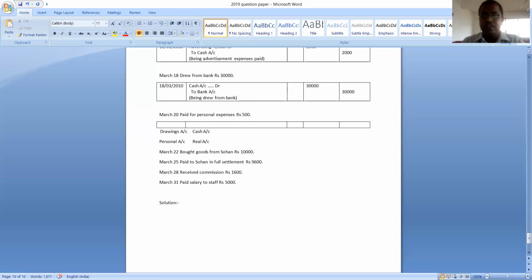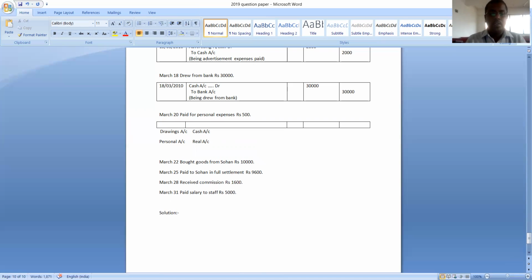Now we should decide which account should be debited and which account should be credited. See here, paid for personal expenses. Whose expenses have you actually paid? You have paid the owner's expenses, so it is as good as the owner is the receiver. Are you getting my point? I have told you people the meaning of drawings. If money or money's worth is withdrawn from the business for personal use, it is called drawings.